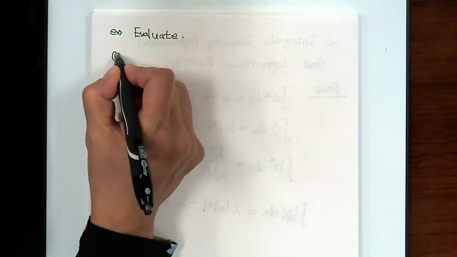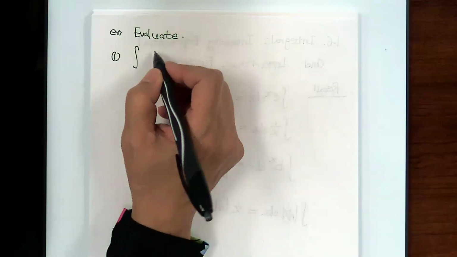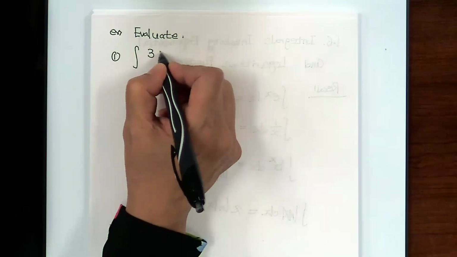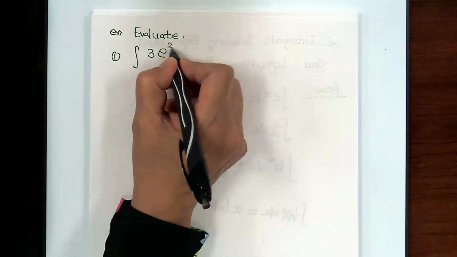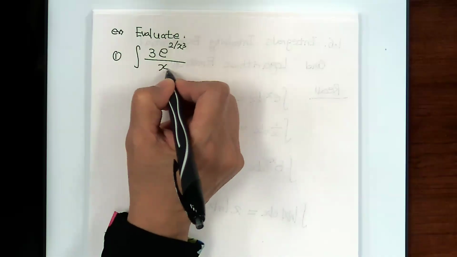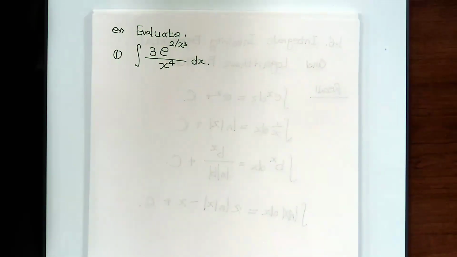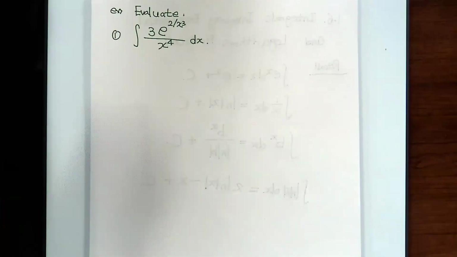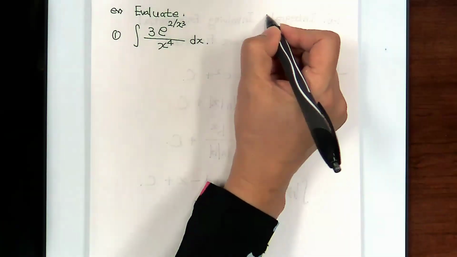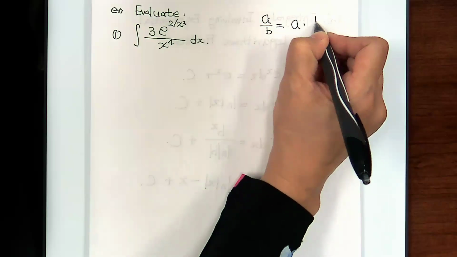We want to do the indefinite integral of 3 times e to the 2 over x cubed over x to the 4th power dx. This is a fraction function, and we can regard a over b equals a times 1 over b.